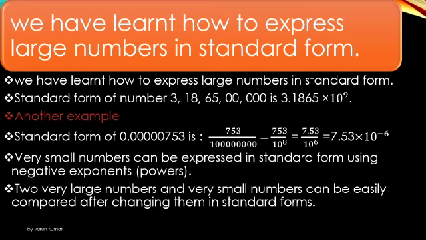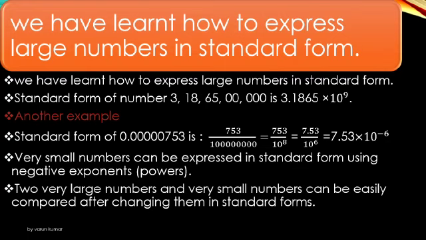Another example, see the standard form of 0.0000753 is 753 by 10 to the power 8, equals 7.53 by 10 to the power 6, equals 7.53 into 10 to the power minus 6.